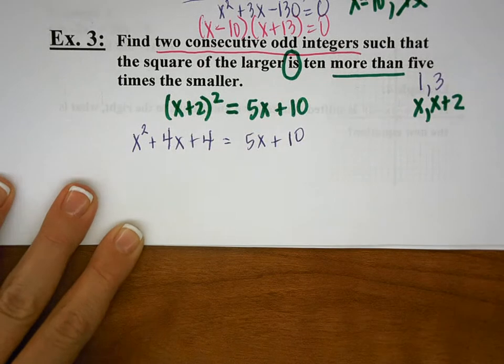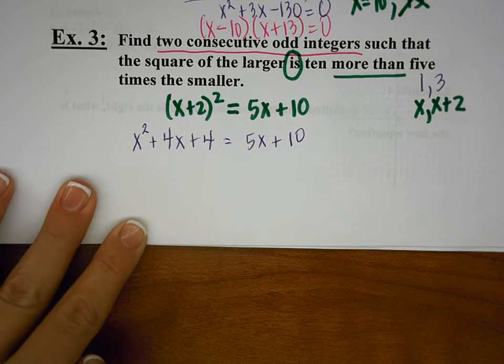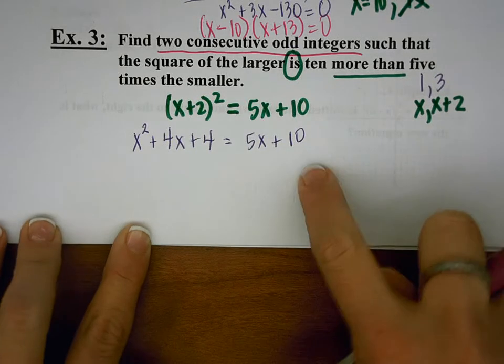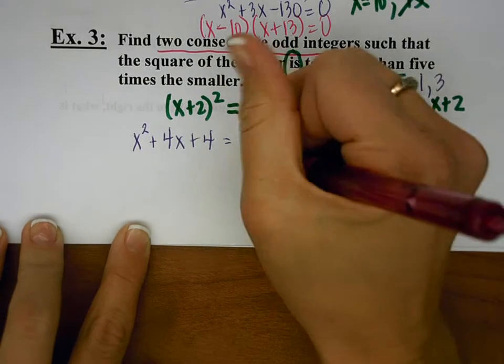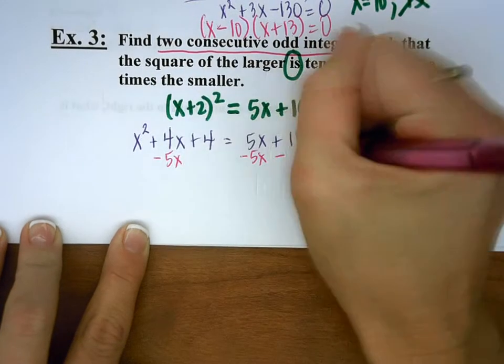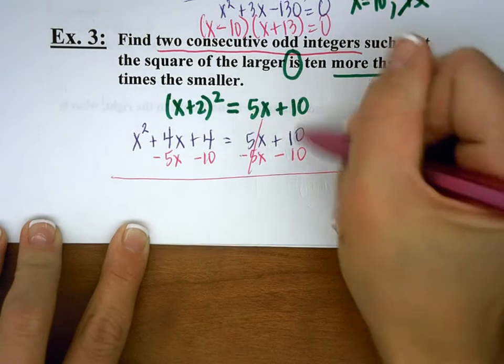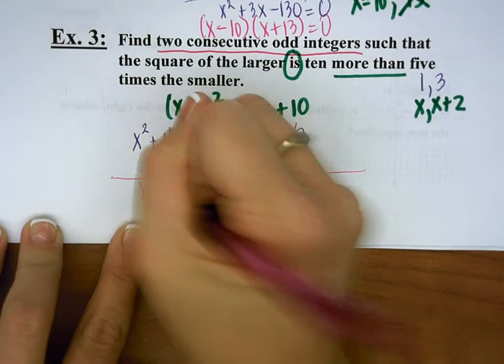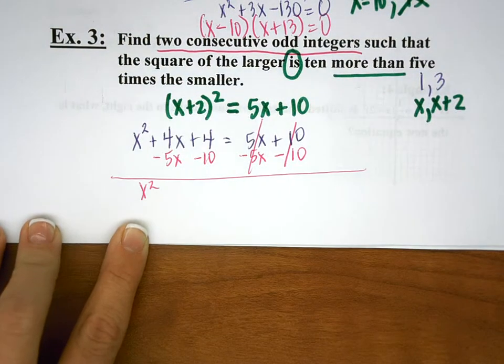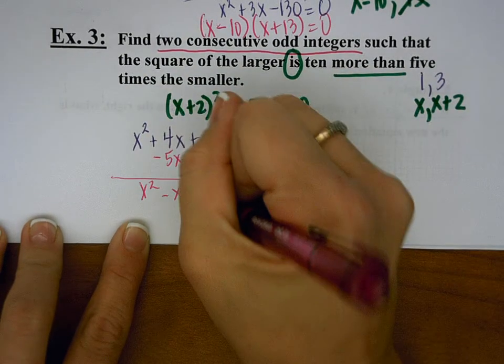What's my next step here? Combine my 10. We want it to be set equal to 0, right? So I'm going to go ahead and subtract 5x and subtract 10 at the same time. Hopefully we're okay with that. I'm going to line them up here on the other side. Okay, so now I have x squared and then what? Minus x minus 6 equals 0.